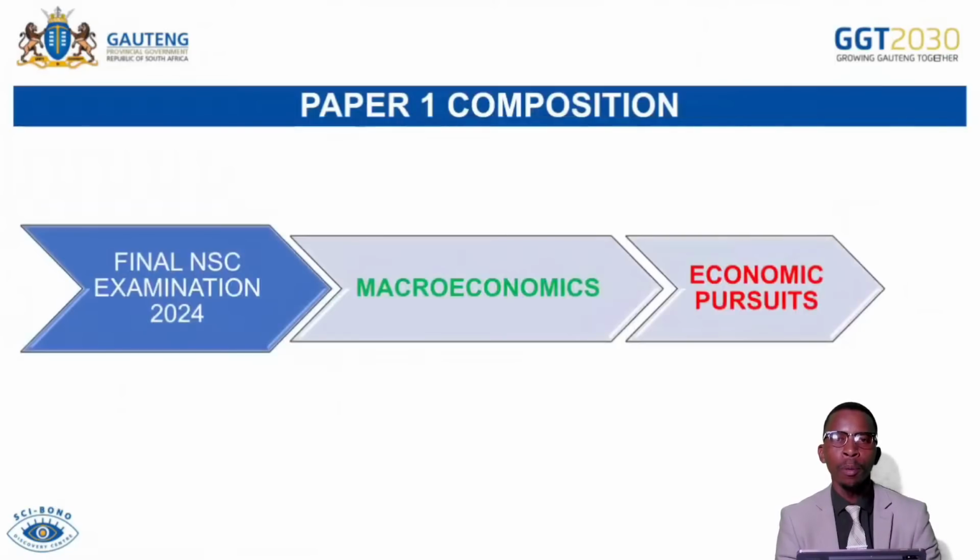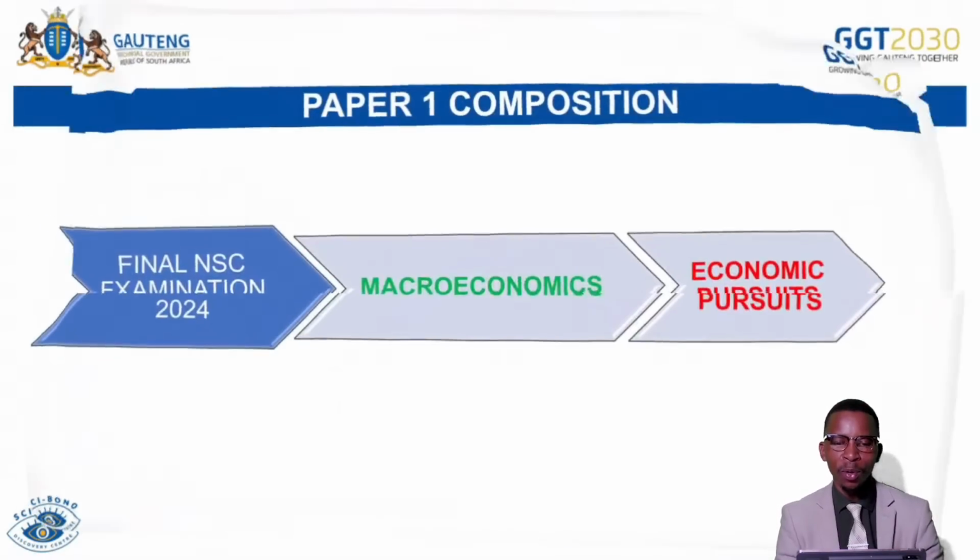And then our economic pursuits has most of the topics, namely protectionism and free trade, which is longer, and then the likes of economic growth and development, regional development, and the social and economic indicators. So you have a choice here on what you want to take on as you prepare for your paper tomorrow.